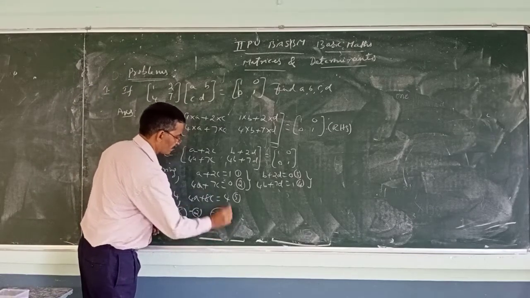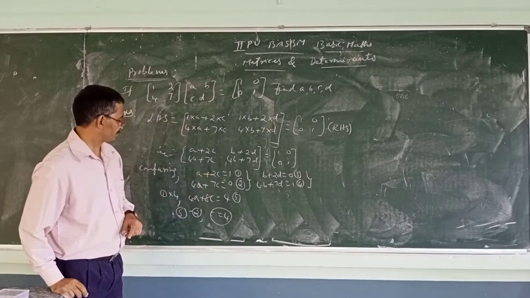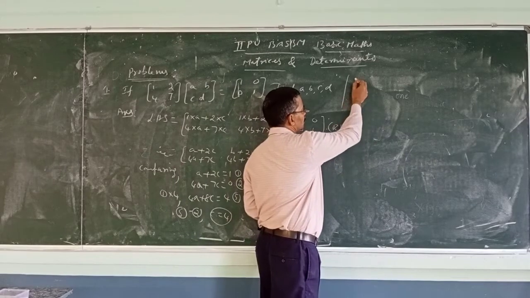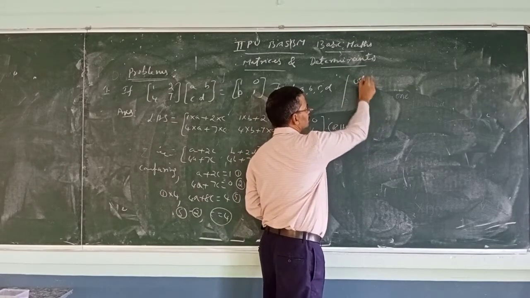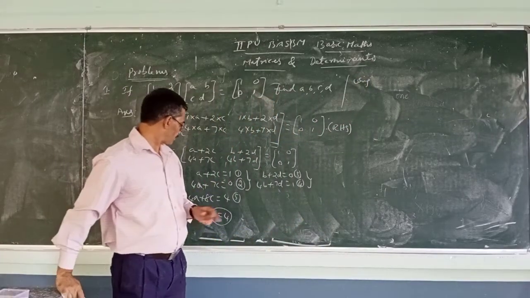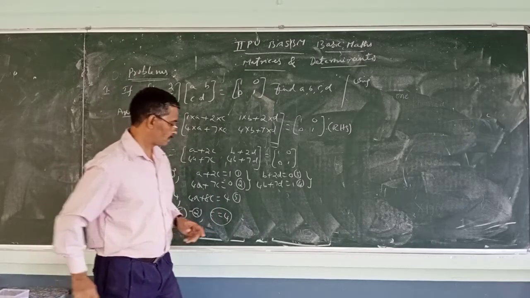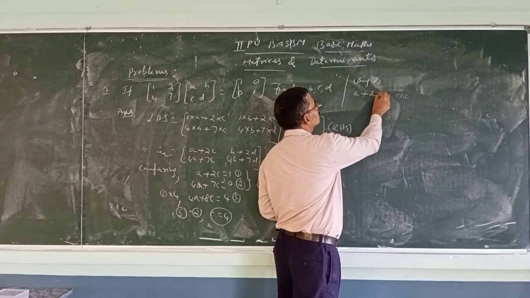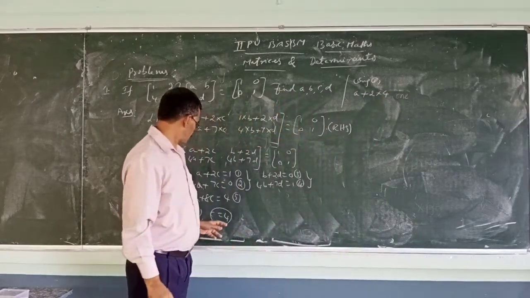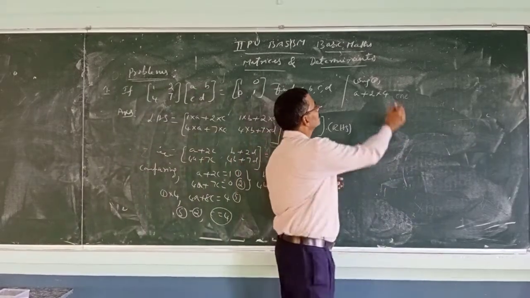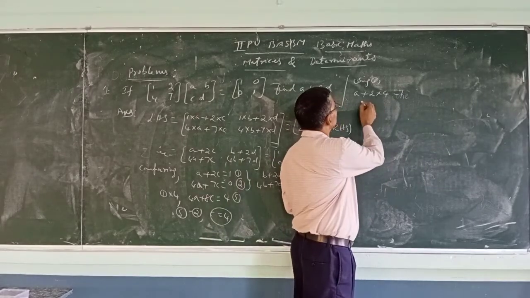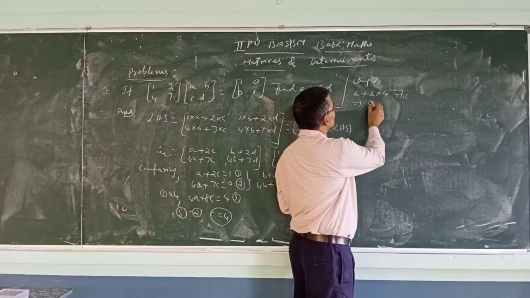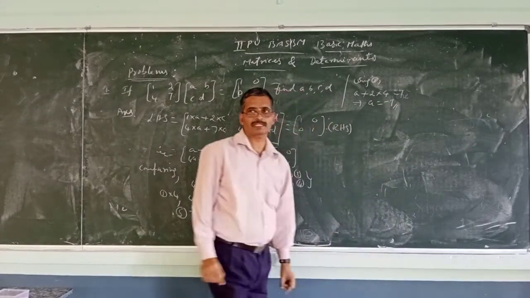Now using equation 1 with C equal to 4: A plus 2 into C is 1, so A plus 2 into 4, that is 8, equals 1. Taking it to the other side, 1 minus 8 is minus 7, so A is minus 7.